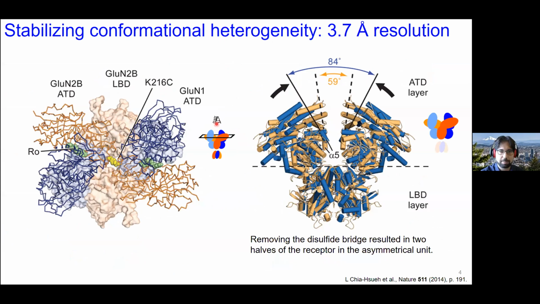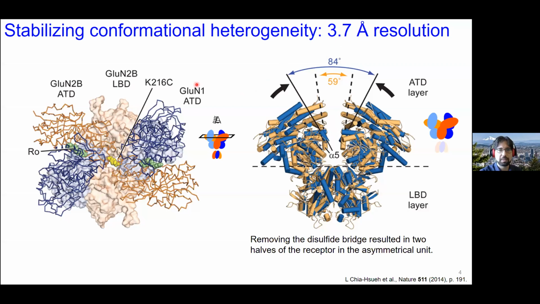So this is the receptor if you're looking at it from the top, just looking at the amino-terminal domain. What this mutation did is it locks the amino-terminal domains of GLUN2B together at the central axis of the receptor. And this really allowed both groups to go to a relatively high resolution of 3.7 angstrom and be able to build the model for the crystal structure.